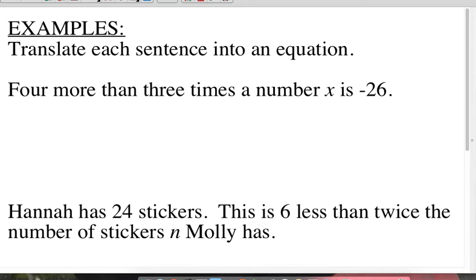Great. So I read it once and I have no idea. Let's read it again slower, and then let's take some notes as we're reading. 4, that's a number. More than, that means adding. 3, that's a number. Times, that means multiply.